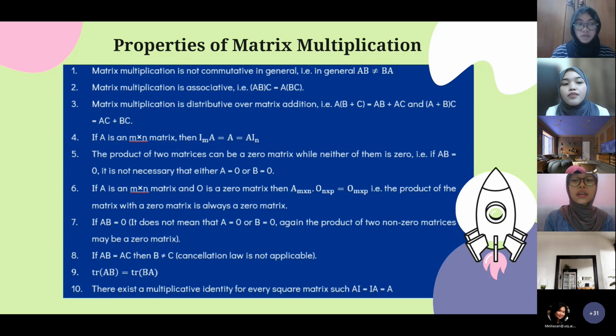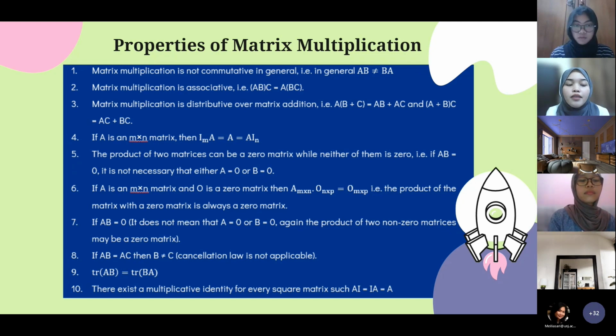That is, if AB is equal to O, it is not necessary that either A is equal to O or B is equal to O. Six, if A is an m by n matrix and O is a zero matrix, then A of order m by n multiplied by O of order n by p is equal to O of order m by p. The product of a matrix with a zero matrix is always a zero matrix.